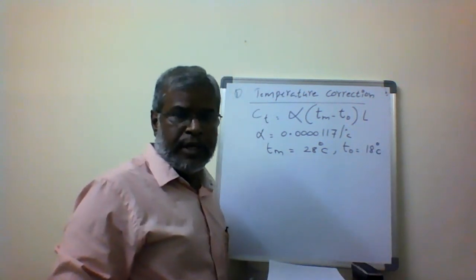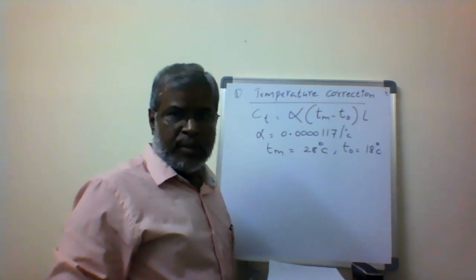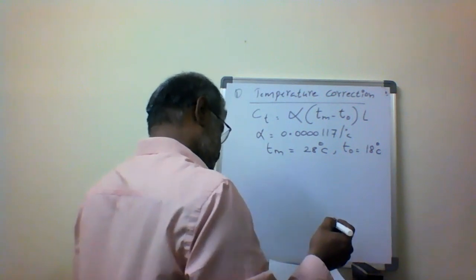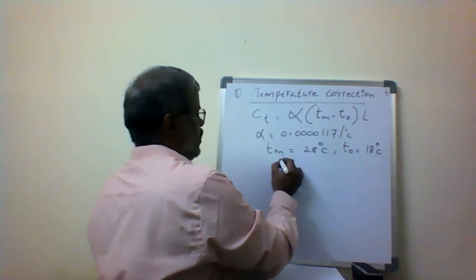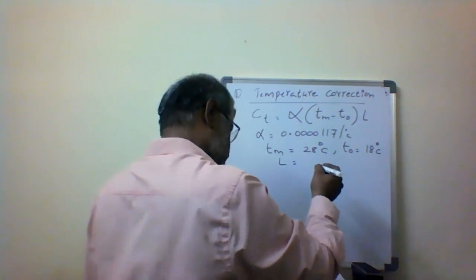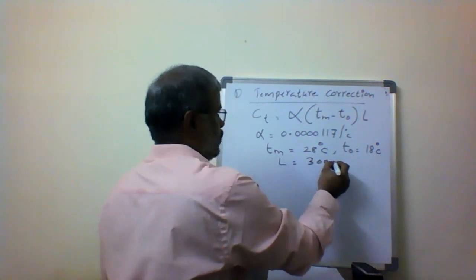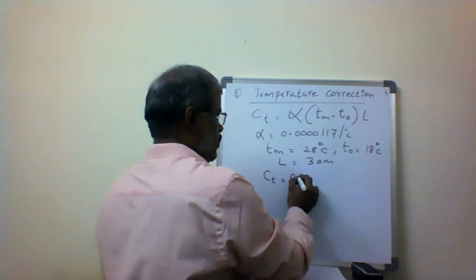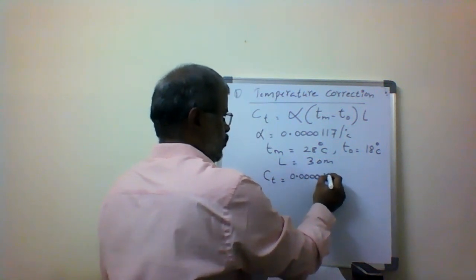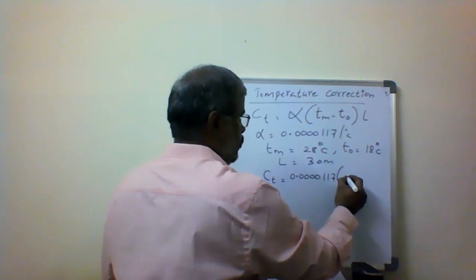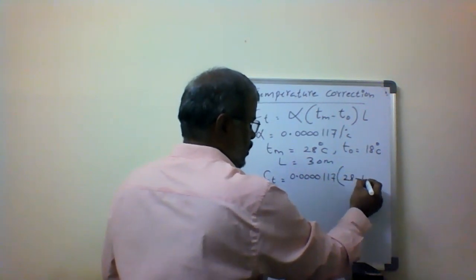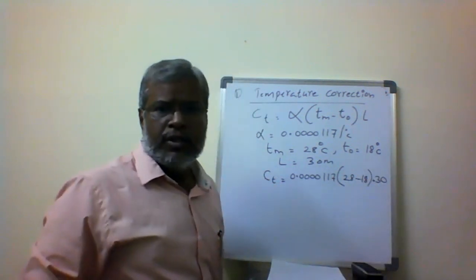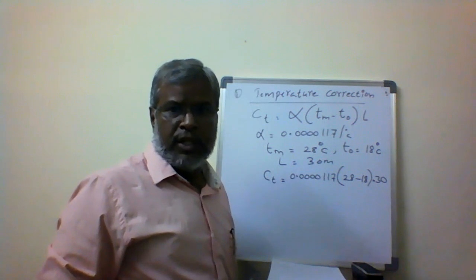Temperature during the measurement is 28 degrees centigrade, and the standard temperature of the tape is 18 degrees centigrade. L is the 30 meter tape. So Ct equals 0.00040117 into (28 minus 18) into 30.